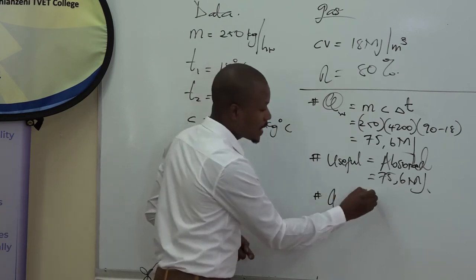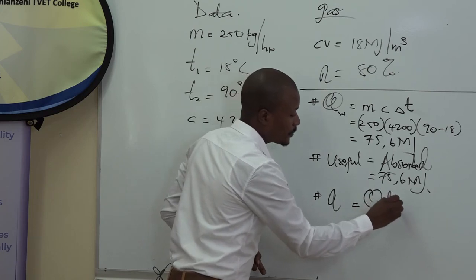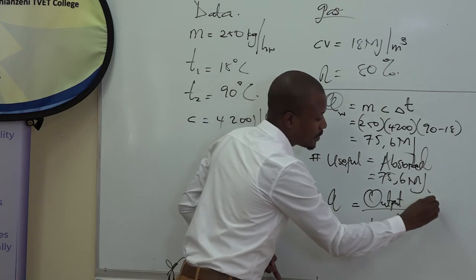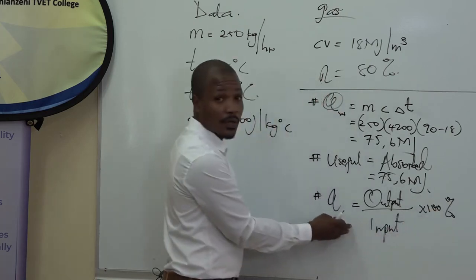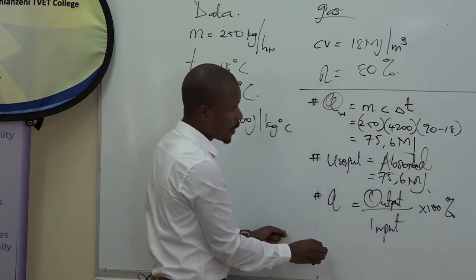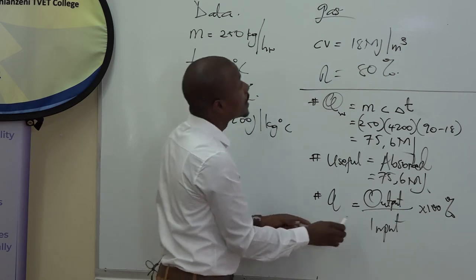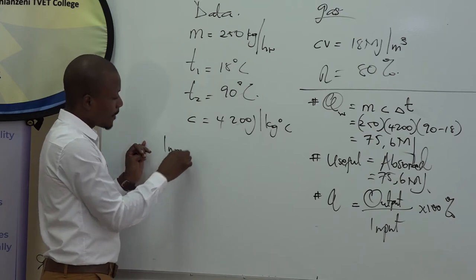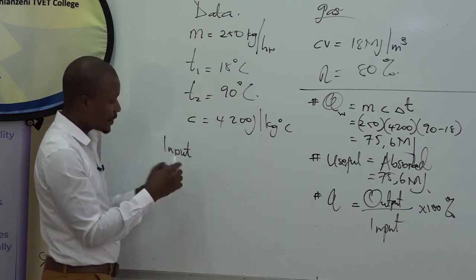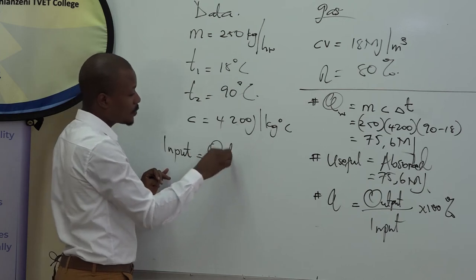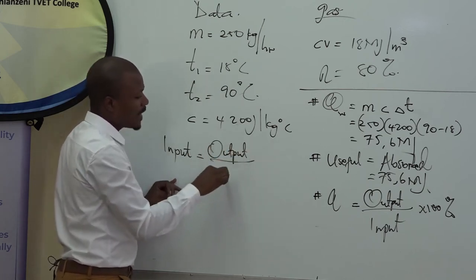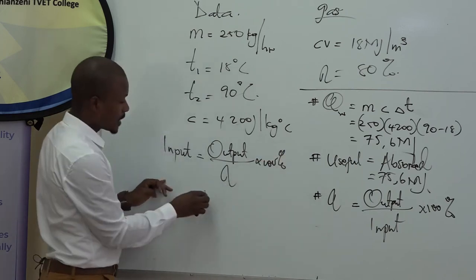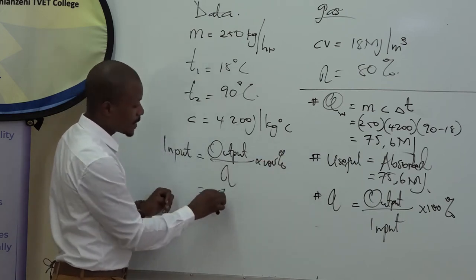Efficiency is given by output over input, multiplied by 100%. What are we looking for? The input. Mathematically, if you derive that, you're going to have input is equal to output divided by efficiency, multiplied by 100%. What is our output? 75.6.